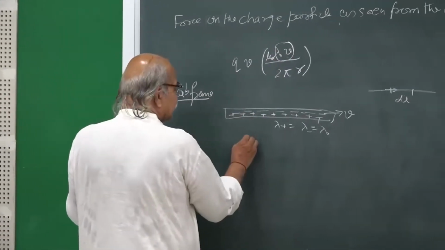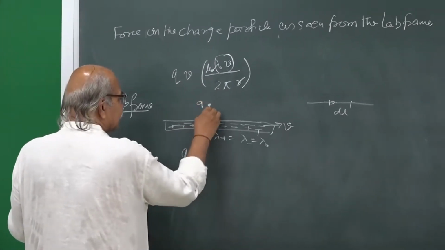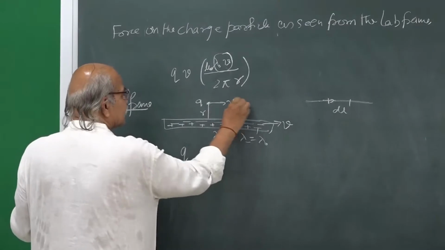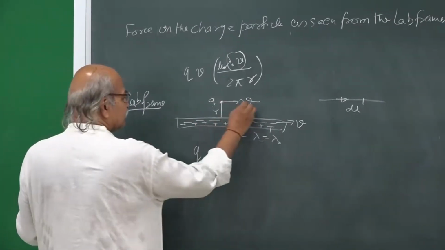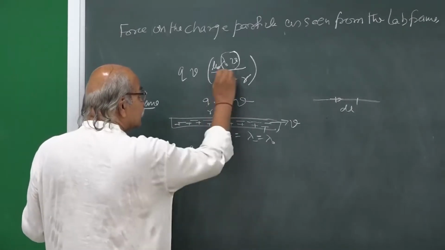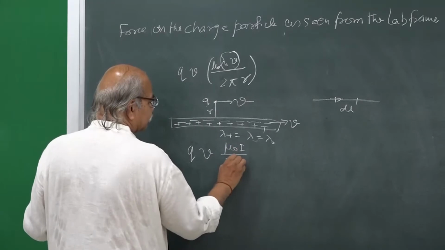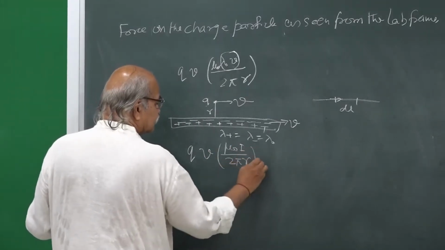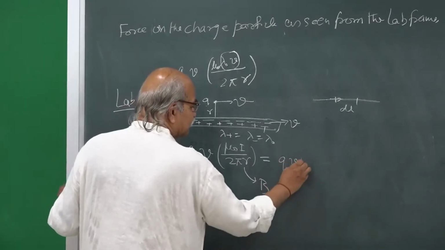So, it is q, and the charge q which is here at a distance r is moving with velocity v. This is our lab frame picture. So, q times velocity, and this is mu naught times capital I by 2 pi r. And if I call it B, it is q times v times B.